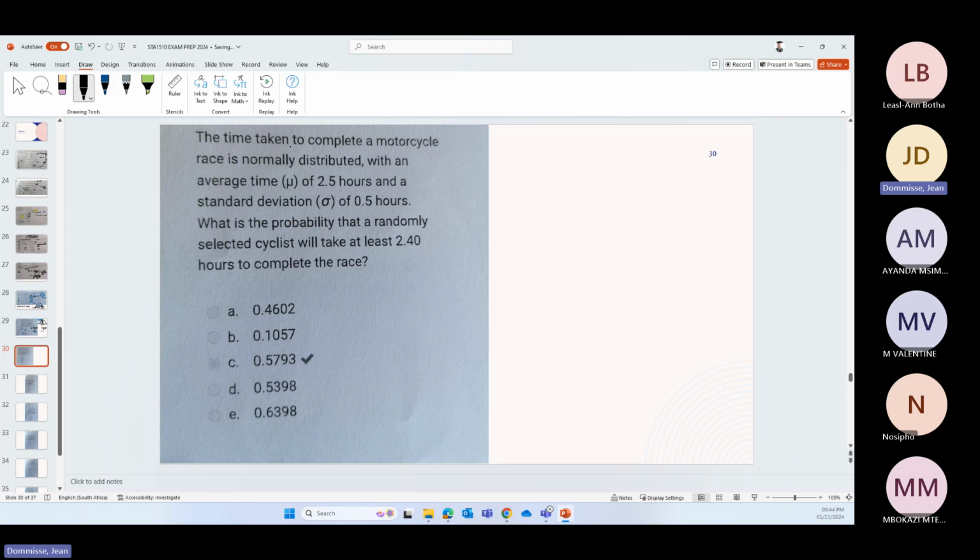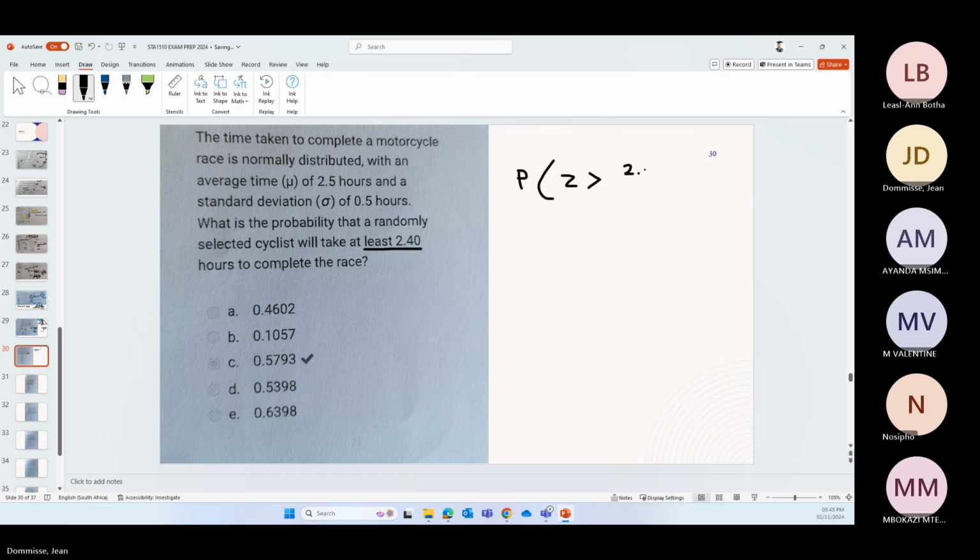So the time taken to complete a motorcycle race is normally distributed. Average time. What is the probability that a randomly selected cyclist will take at least? So at least, so what's the probability that the cyclist will take at least the 2.4?